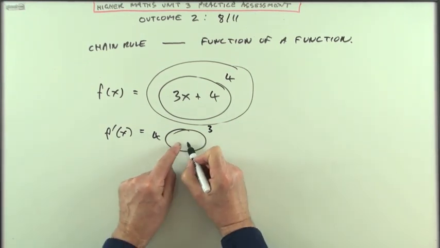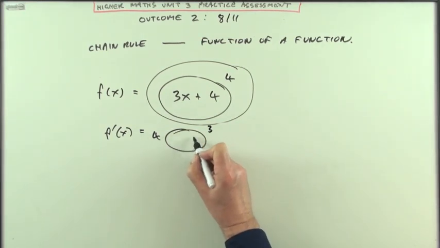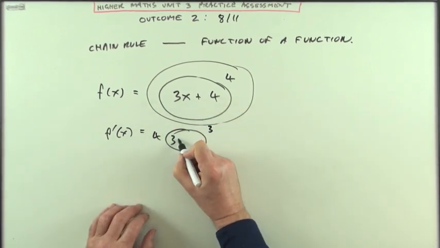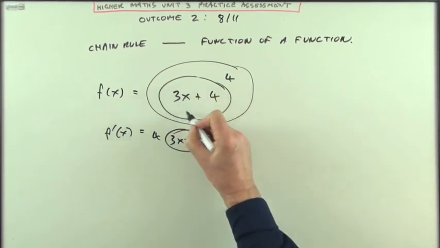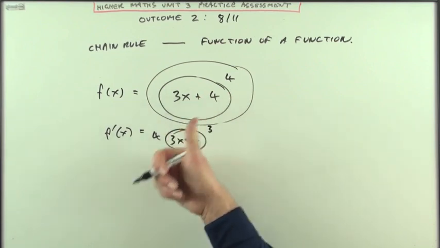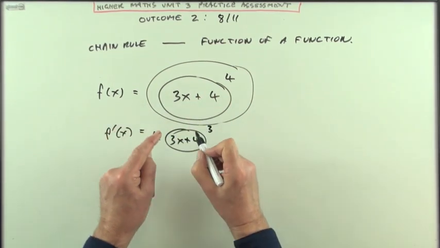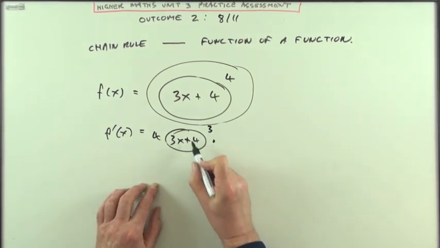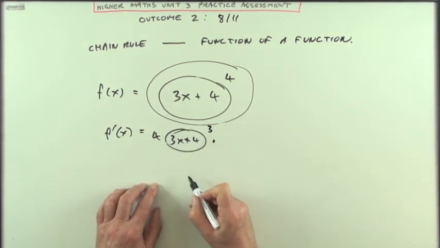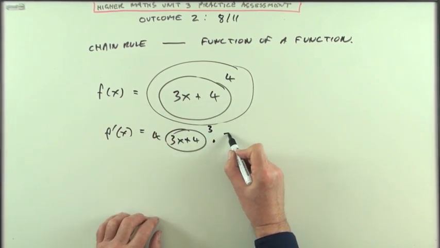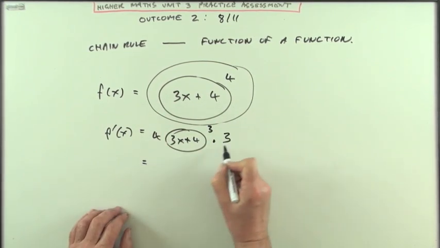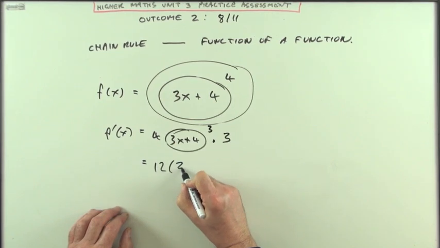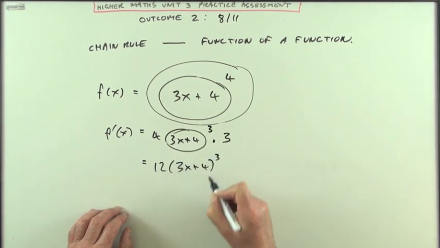If that happens not simply to be x, but some function of x, which it is here, so there's an inner function that was secretly producing those numbers being fed to the power 4, then you would multiply that by the derivative of that inner function, and the derivative of 3x plus 4 is 3. So overall you would have 12 times (3x plus 4) to the power 3.